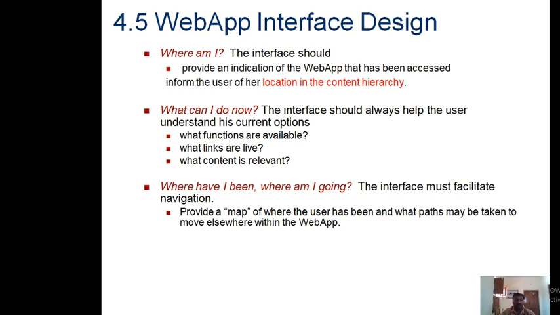He must have that clarity while seeing that interface. Then the third point is: where have I been? Where am I going? That means the interface must provide the facility of navigation. That means it must provide a map to the user, and by using the path he can move elsewhere in the web app. So whenever you develop a web interface for a web application, you must provide the answers to these three questions.